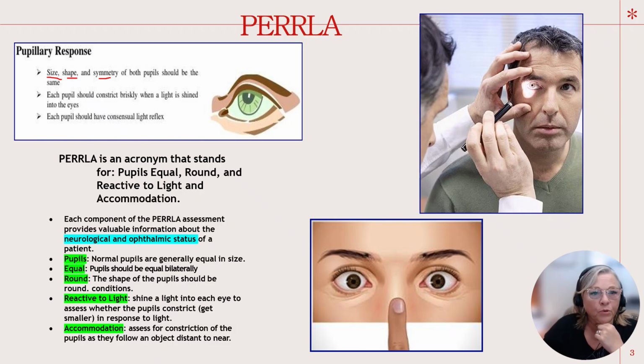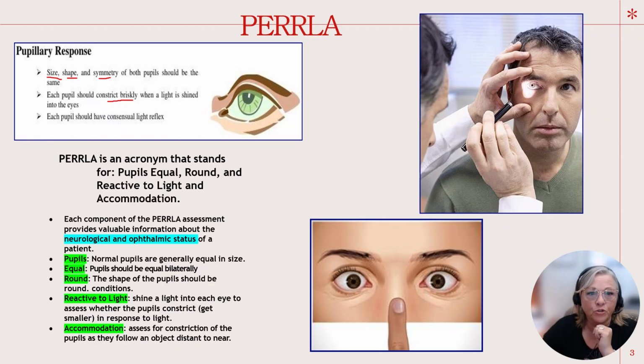Each pupil should constrict briskly, which means as soon as light hits it, it should react when a light is shined into the eyes. So that's an expected finding, and that would be bilaterally. So they should constrict briskly, and each pupil should have a consensual light reflex, and I'm going to explain what that means.